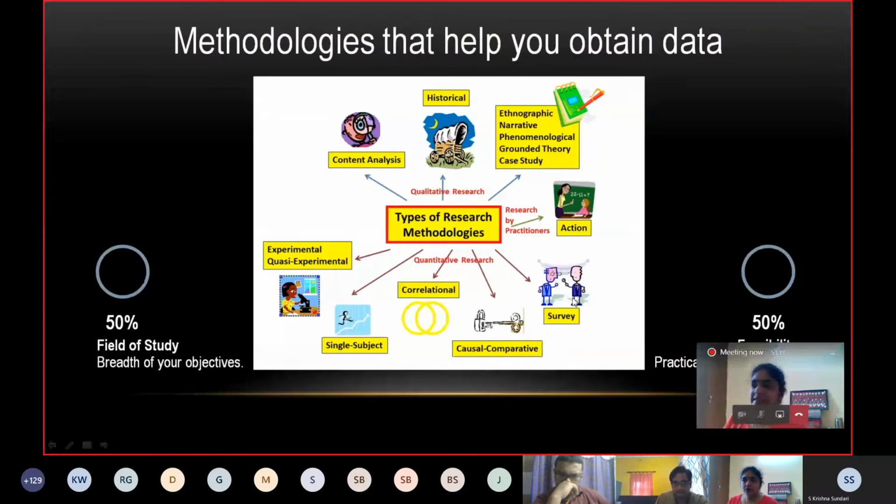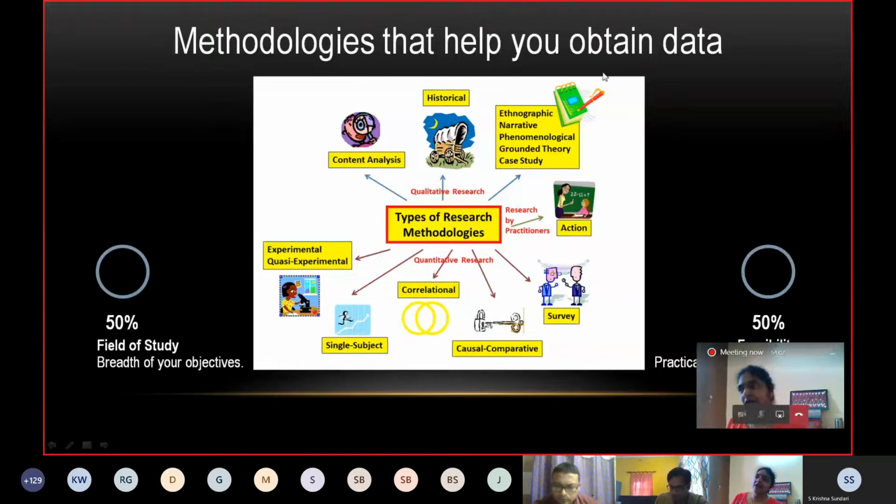I would like to tell you, 50% of it depends on the data that you derive or the methodology that you follow. There are multiple methods. You can have a correlational data analysis. You can have a causal comparative method. You can have a survey-based method. You can have an action-oriented method to get your data.